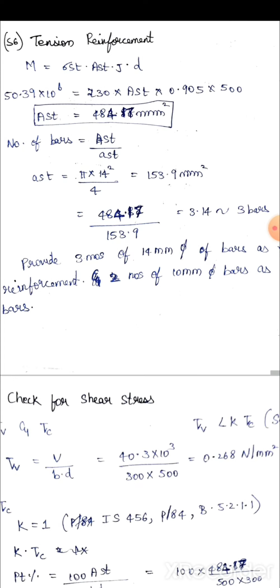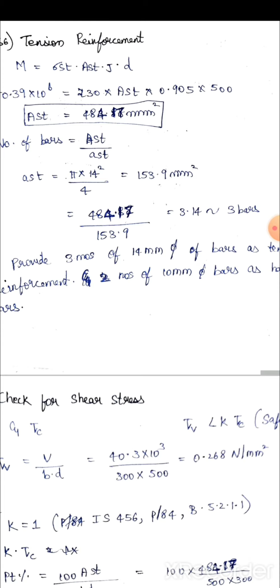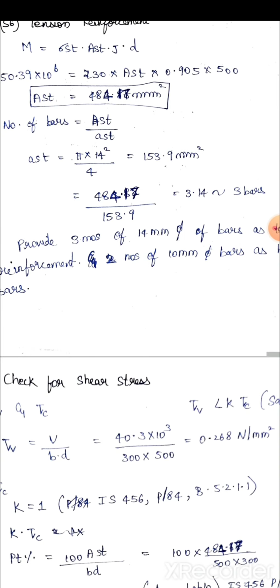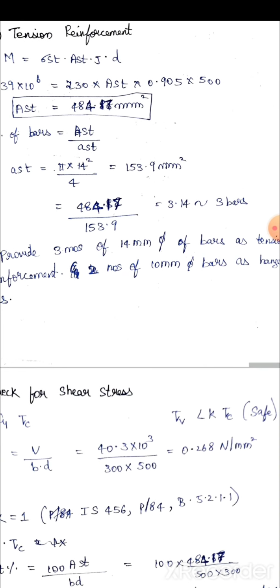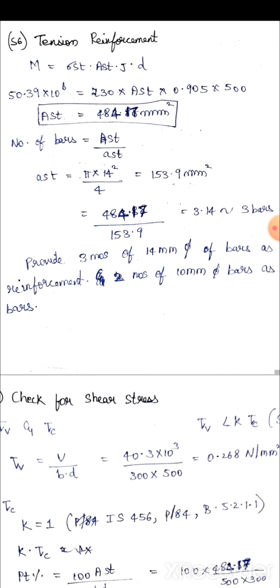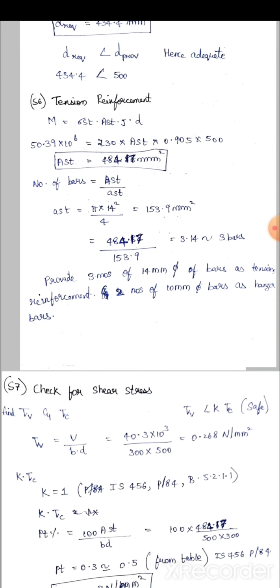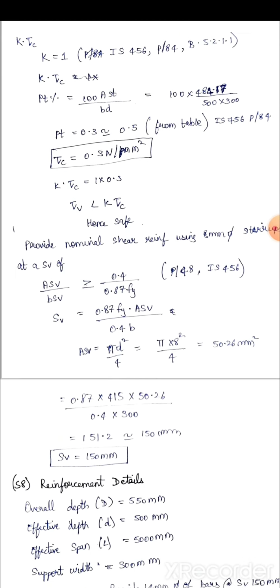So ast by small ast equal to 3.14. So we provide 3 bars. Provide 3 number of 14 mm dia bars as tension reinforcement and 2 number of 10 mm dia bars as hanger bars.